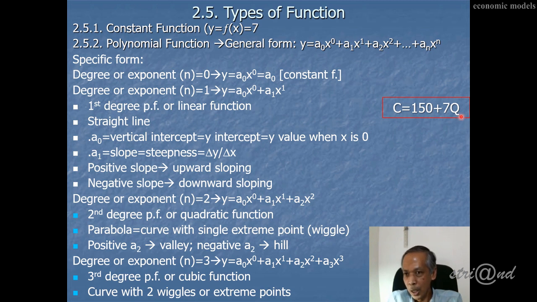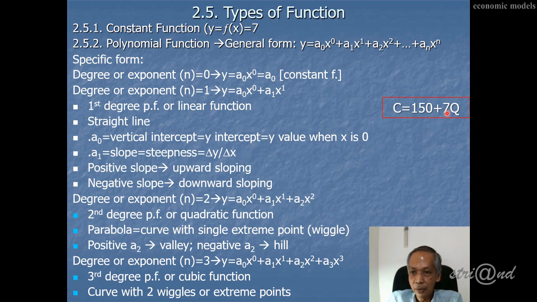For example, if q increases by 1, that's a change in q, the c will increase by 7. So the slope is 7 divided by 1. The change in c is 7, the change in the quantity is 1. So 7 divided by 1 is 7. That's the slope.